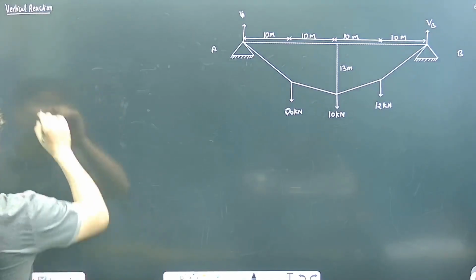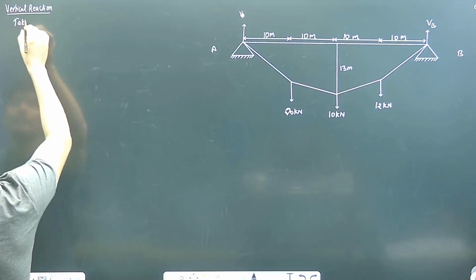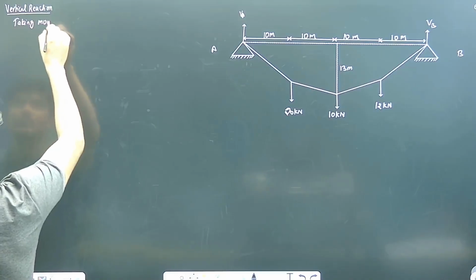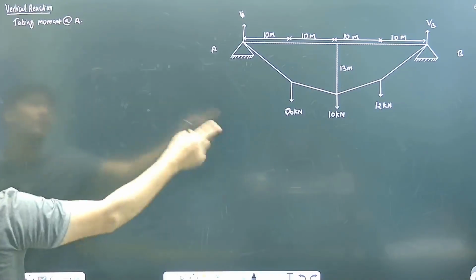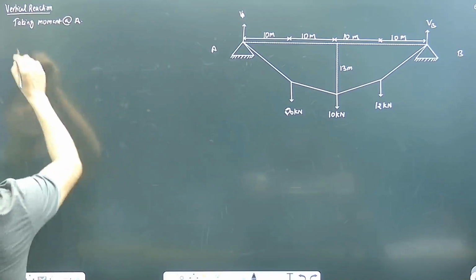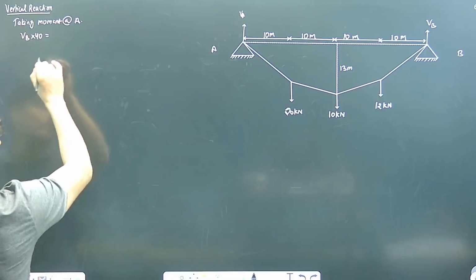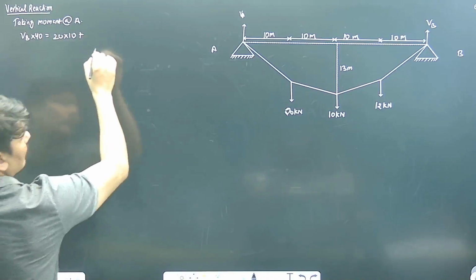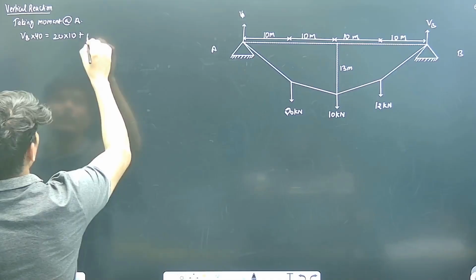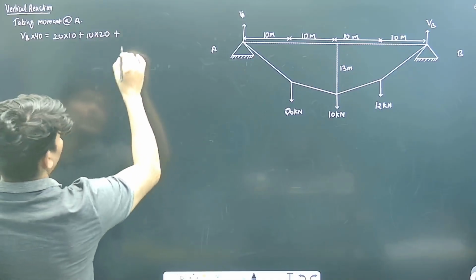So taking moment about A, VB into 40 will be equal to 20 into 10 plus 10 into 20 plus 12 into 30.